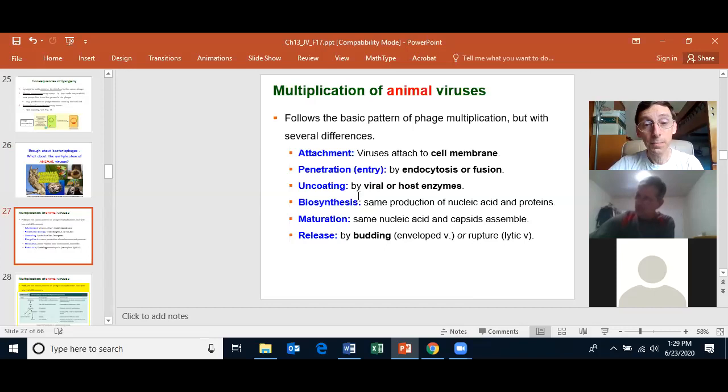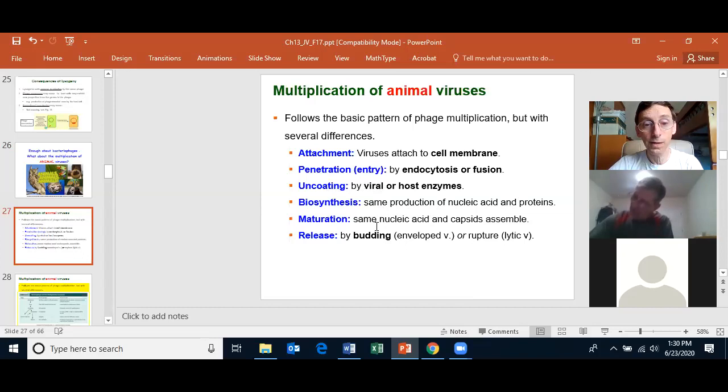Uncoating can be by viral or host enzymes. We didn't really talk about that for bacteriophage, so no change because we're not talking about it. Biosynthesis is still the same. You have the production of the nucleic acids and the proteins, and maturation is similar.